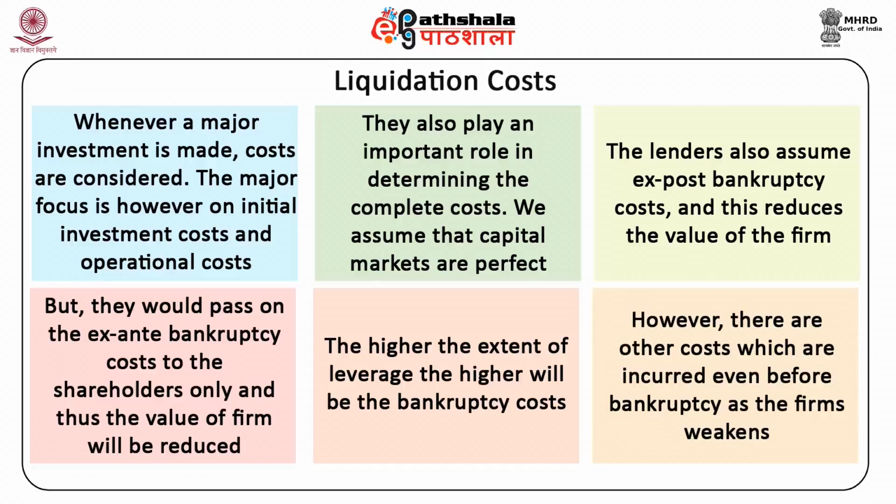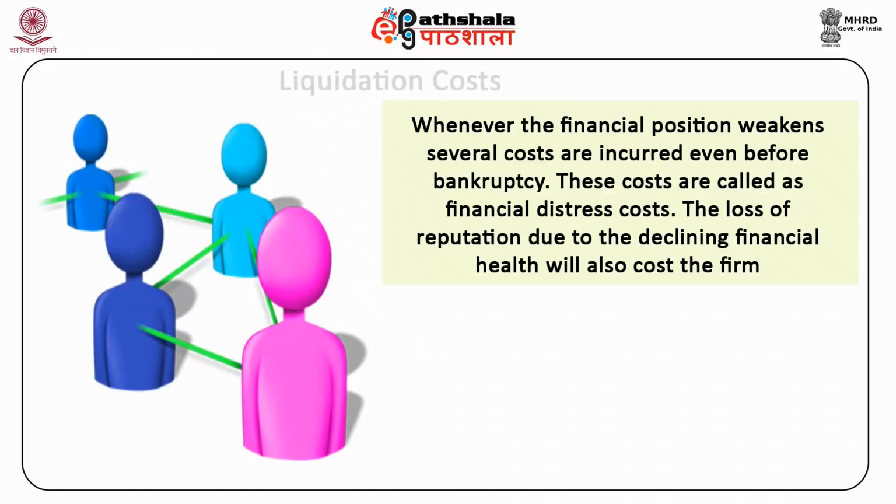However, there are other costs which are incurred even before bankruptcy as the firm weakens. Whenever the financial position weakens, several costs are incurred even before bankruptcy. These costs are called financial distress cost. The loss of reputation due to the declining financial health will also cost the firm.